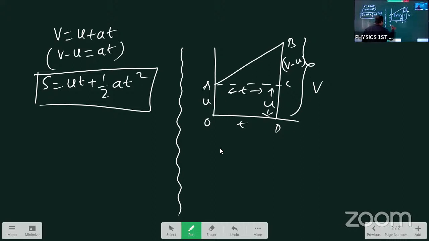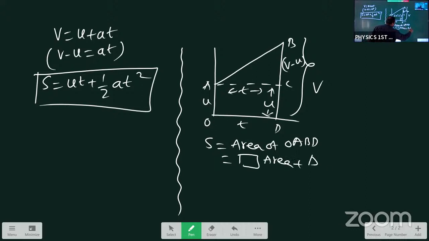Next, displacement is nothing but the area of OABD, which is rectangle area plus triangle area. This is the second important point. Third, S equals length into breadth plus half base into height.